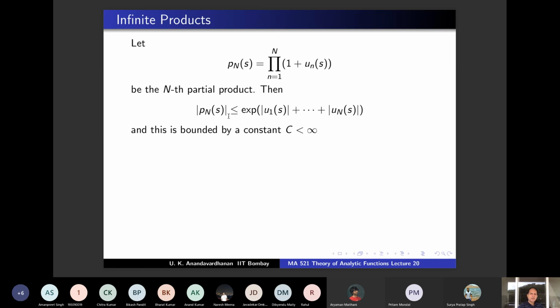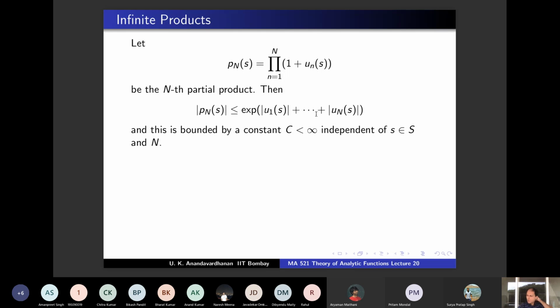Why is that? That is because you know that summation mod Un(s) is uniformly convergent on the set S. So these are bounded functions. All these are bounded functions. Therefore, this is bounded, and this boundedness is also uniform, independent of s and independent of n. And there you are using that summation mod Un(s) is uniformly convergent.